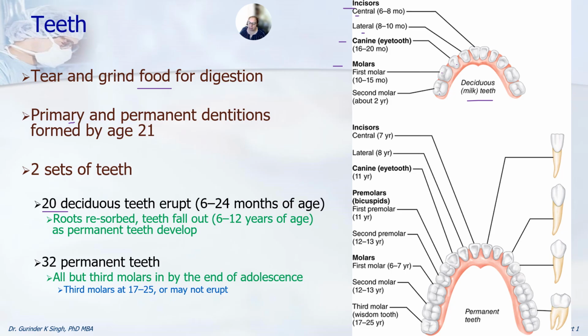In permanent teeth, or in adults, we have incisors, where the central typically comes in around the age of 7, and then the lateral, and then we have the canine, which is right here, and then two premolars, and then the molars. If you look at the pictures here, please remember how to recognize them. The molars have two roots rather than one root, so that's another important thing to remember about their structures. And we'll look at tooth structure in detail in the next slide.